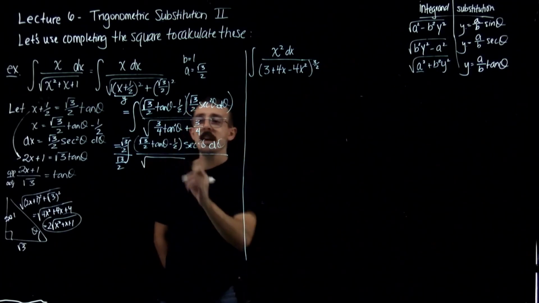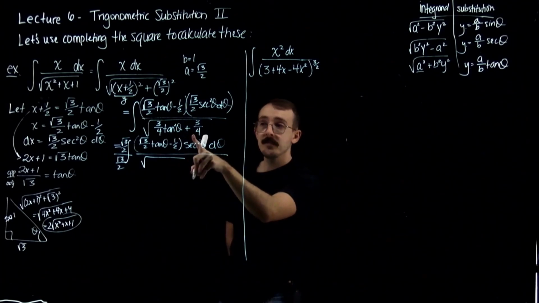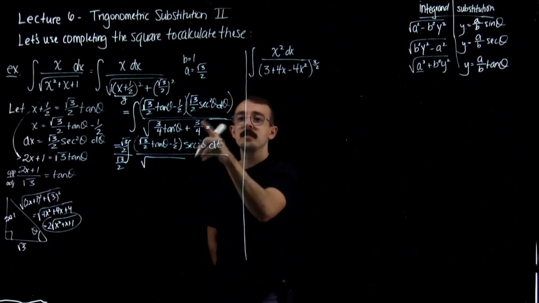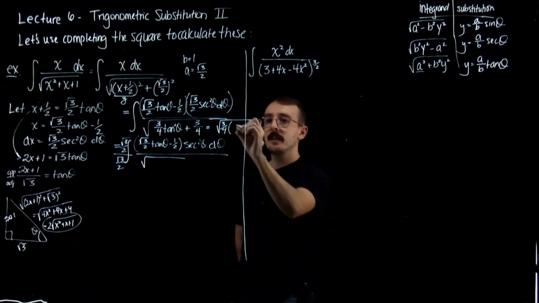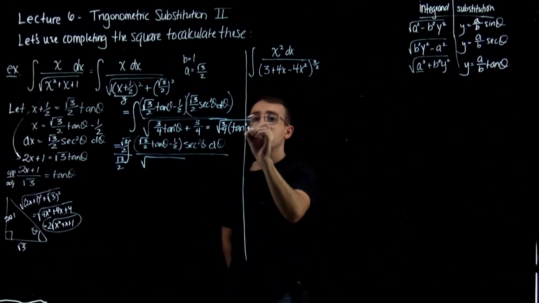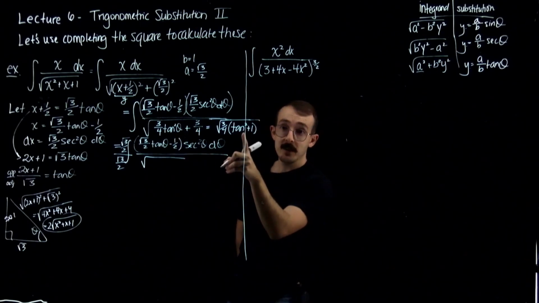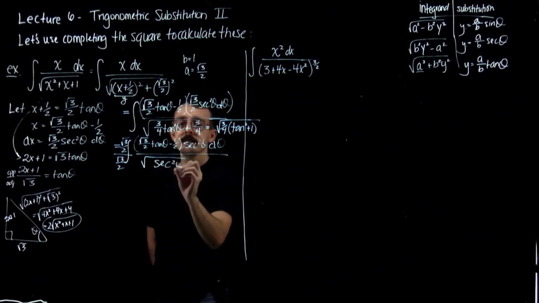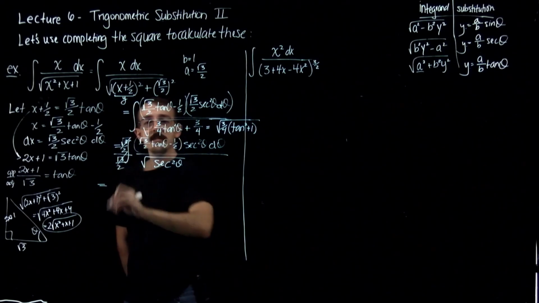What's left in here is tangent squared plus 1. So I've factored this as radical 3 over 4 times tangent squared plus 1. I brought the 3 fourths out. And what's tangent squared plus 1 equal to? That's secant squared. OK, so these two cancel out.